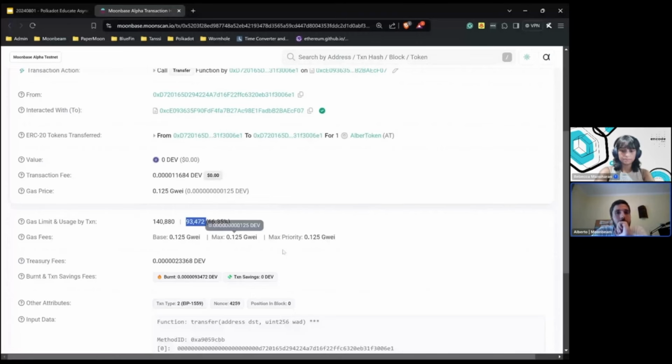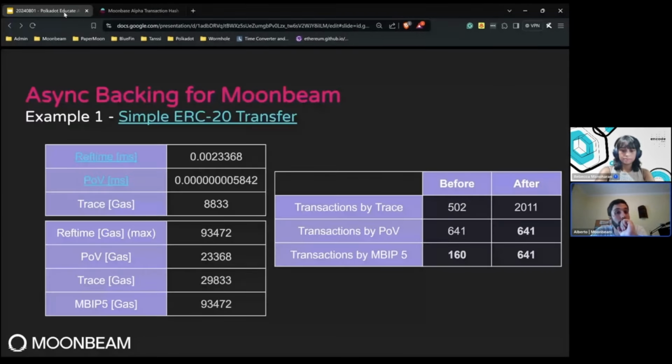So this transfer used 0.002338 milliseconds of execution time. So of that 0.5, before async backing, we use 0.002 milliseconds of the execution time. In terms of time, the POV is very small.